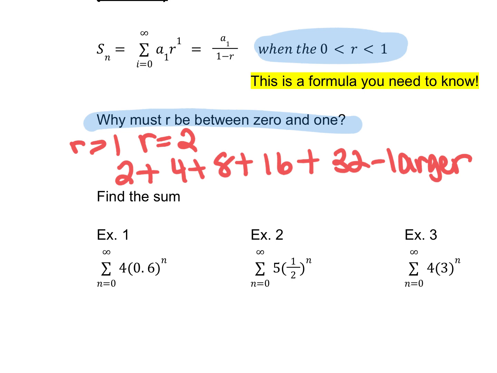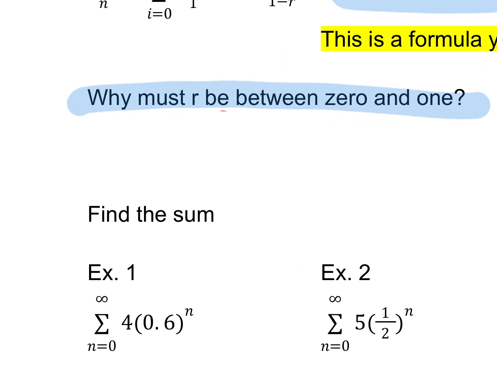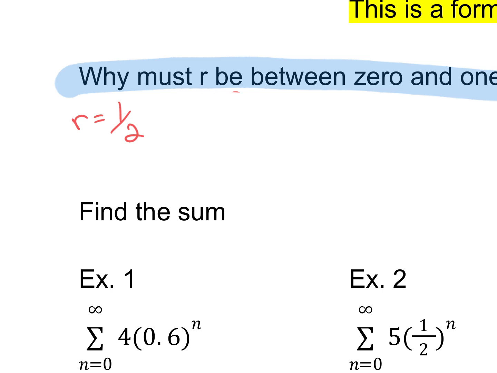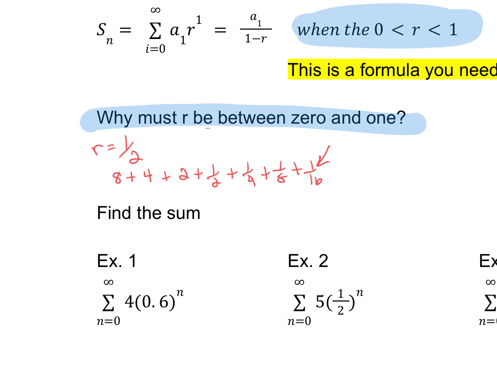However, if our ratio is between 0 and 1, like say r equals a half, and we started at, let's say, 8, we'll make a small starting point, and we added half of that, we'd add 4, then we'd add 2, then we'd add a half, then a fourth, then an eighth, then a 16th, and the number that you're adding keeps getting smaller and smaller, which means eventually you would just be adding essentially 0 onto it.